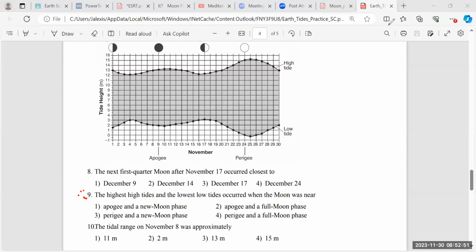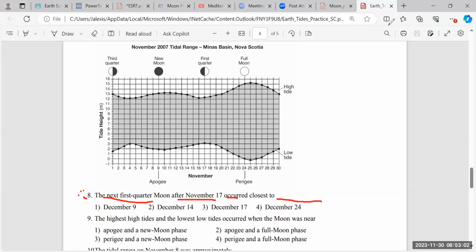Number 9. It says the highest high tides and the lowest low tides occur when the moon was near what? So when I'm looking on my graph, where do I see the highest high tide? I'm not looking for just the high tide, I'm looking for the highest high tide.